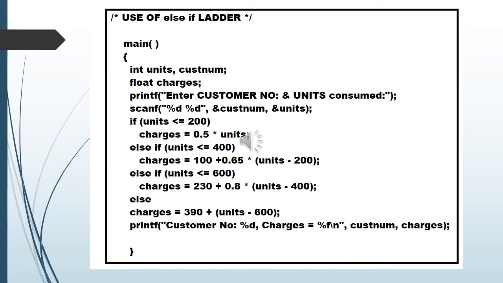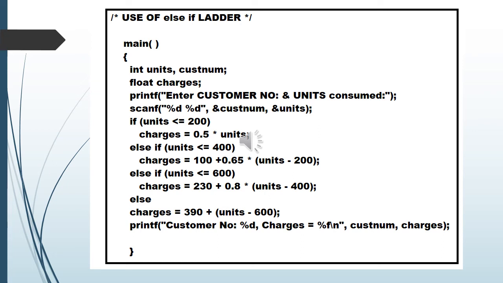So if we are entering customer number and units, it will check if the units is less than or equal to 200. Suppose units is 100, 100 is less than or equal to 200, so it will calculate charges is equal to 0.5 into units. Suppose you give the units as 350, like that, it will check the condition.